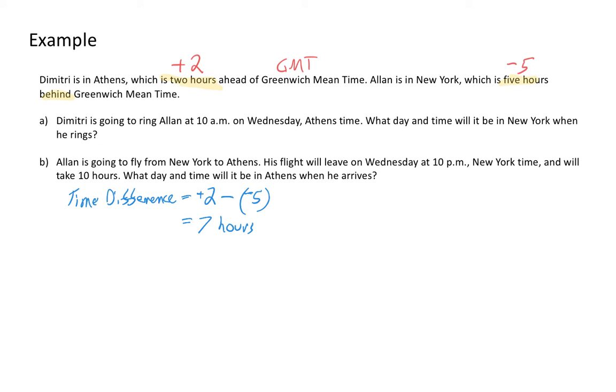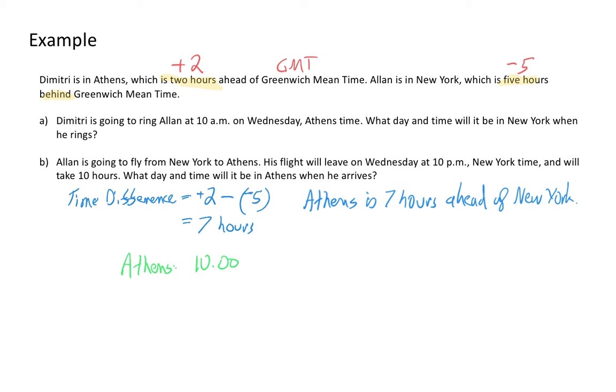And I know that because Athens is +2, it's going to be ahead of New York. So Athens is going to be 7 hours ahead of New York. So I can use that time difference to work out, when it's 10 o'clock in Athens, what the time is going to be in New York. So I know that in Athens it's going to be 10 a.m., so I can just use 10 as the time. And I want to work out the time in New York.